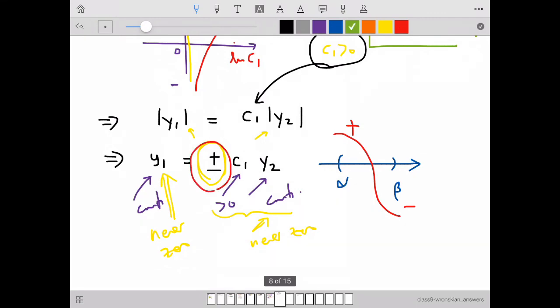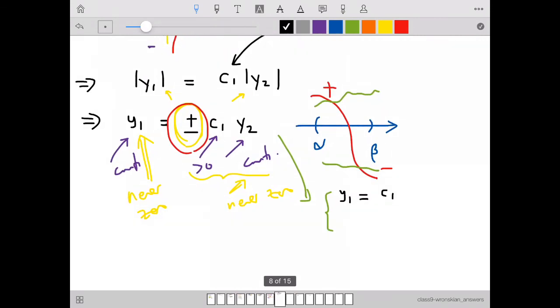This means it is either kept as plus or kept as minus. So on this interval, y1 is either c1 y2 or y1 is minus c1 y2. It cannot be plus for some and minus for some. That doesn't happen because they are never zero.